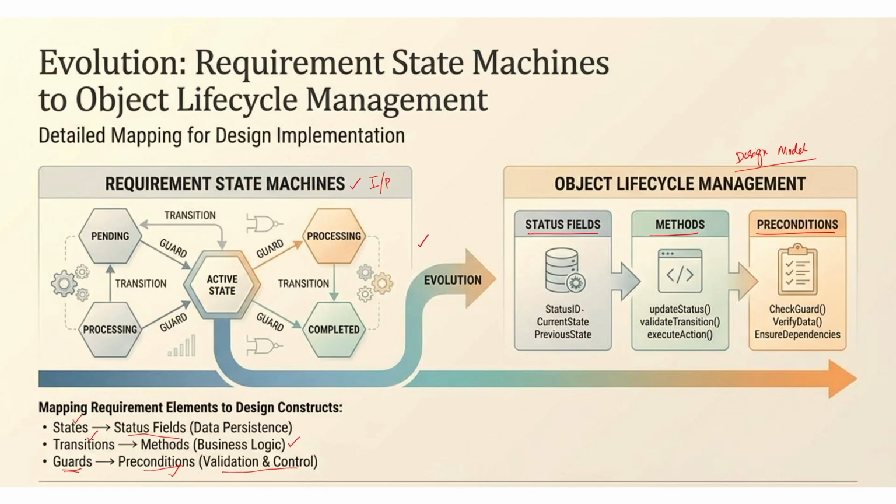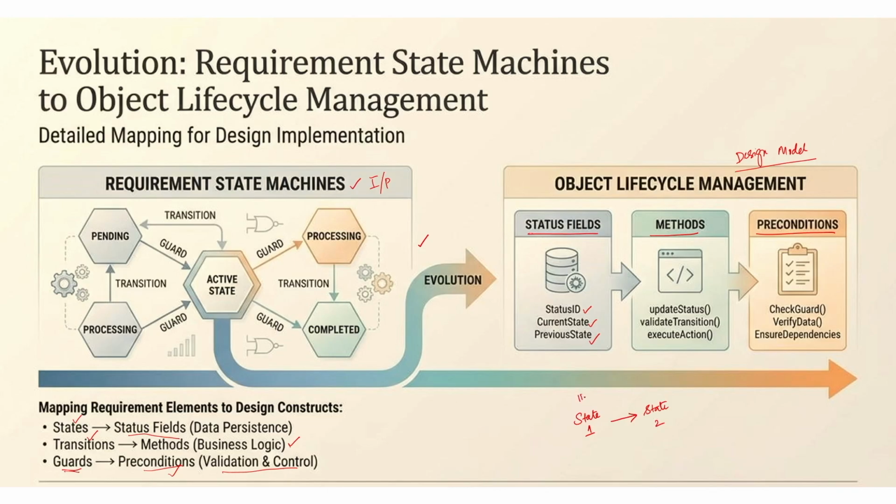So, you have status ID, current state and previous state. This is arrived from your state. Say I will just say state 1, state 2. This is a state and this is another state. Say for example, you have an ID.